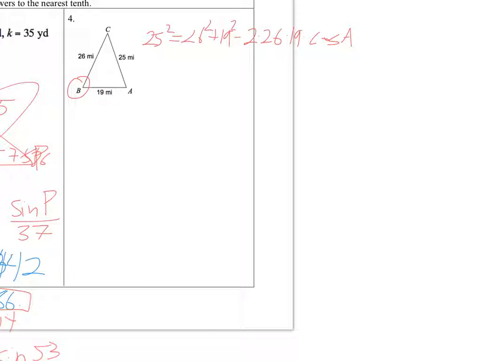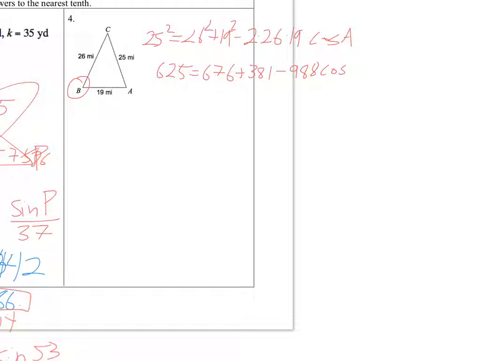First thing I have to do is to get these pieces together. 25 squared is going to be 625. 26 squared is going to be 676. 19 squared is going to be 361. And 2 times 26 times 19, I added too much stuff in there, it's going to be 988.